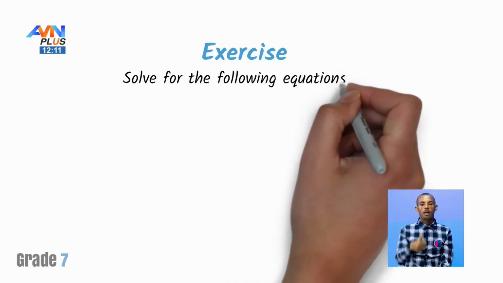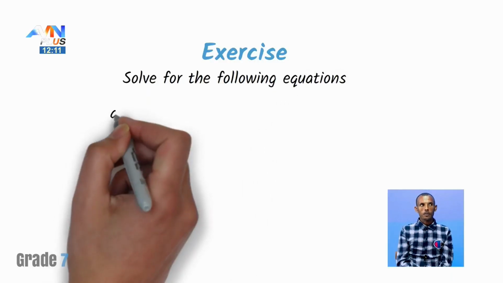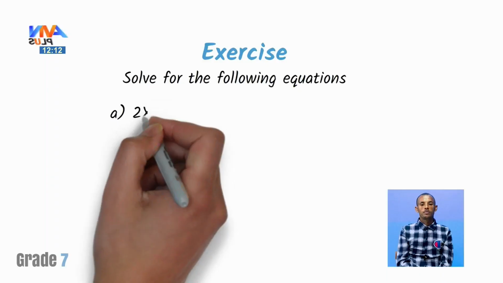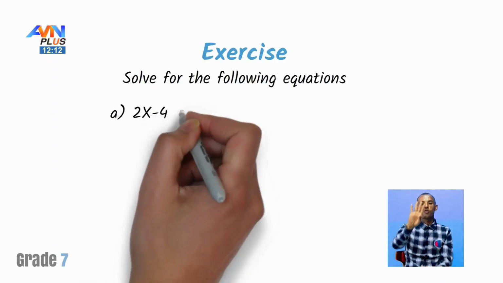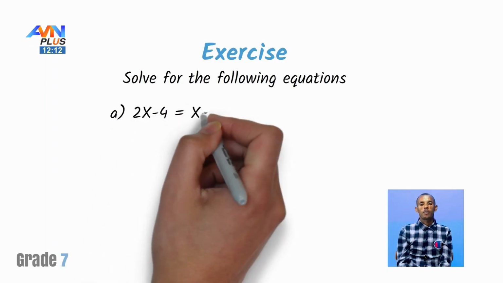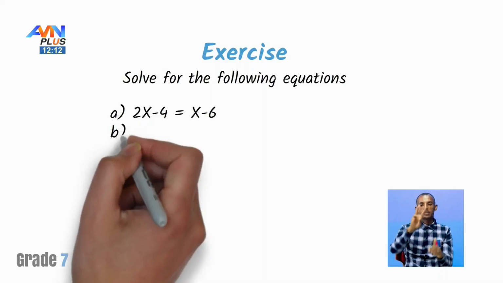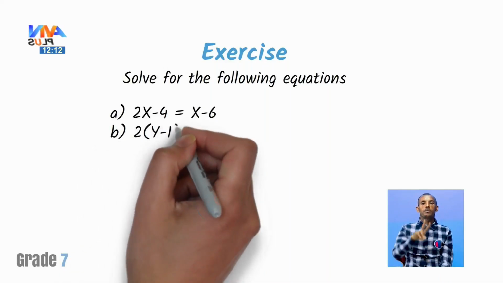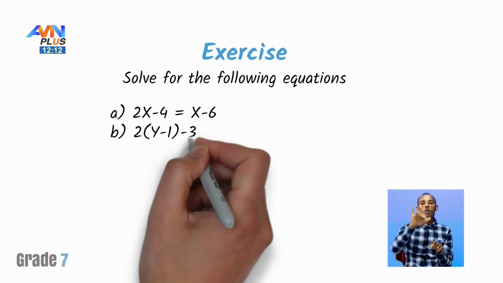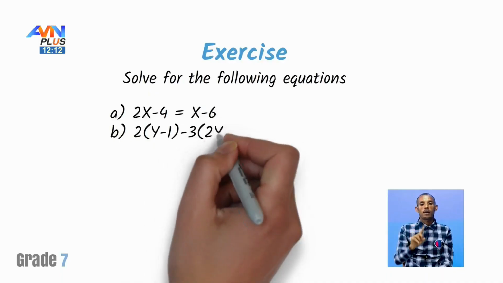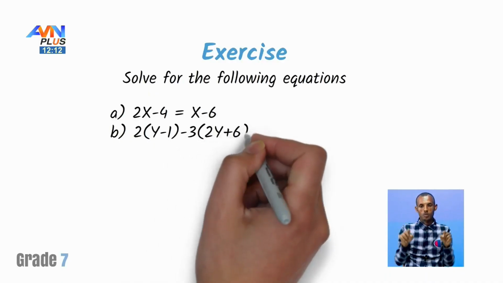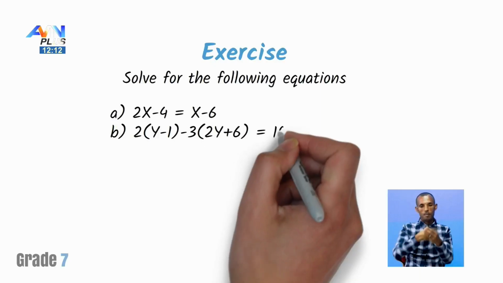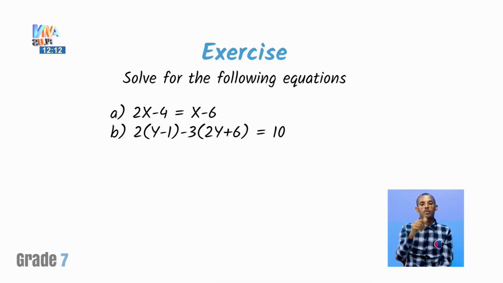A, 2x minus 4 is equal to x minus 6. B, 2 into y minus 1 minus 3 into 2y plus 6 is equal to 10.